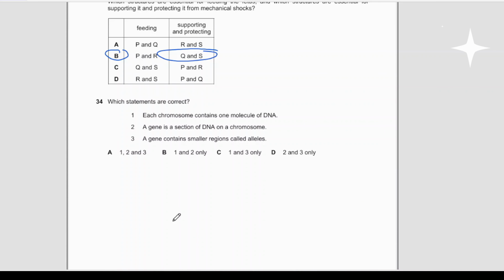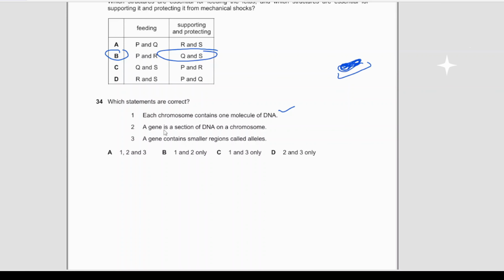Next one, which statements are correct? Each chromosome contains one molecule of DNA. Yes. Each chromosome contains one molecule of DNA, exactly, DNA wrapped into a chromosome.